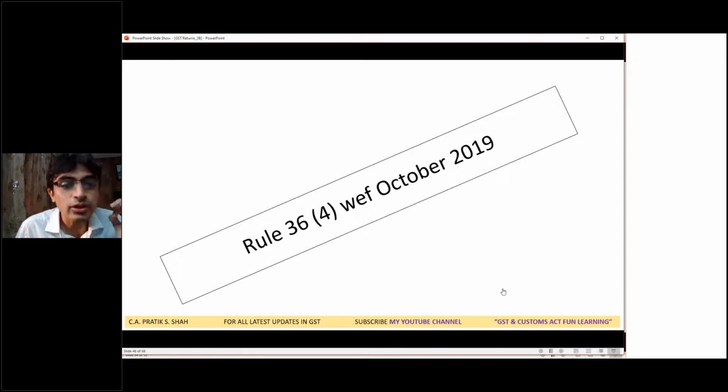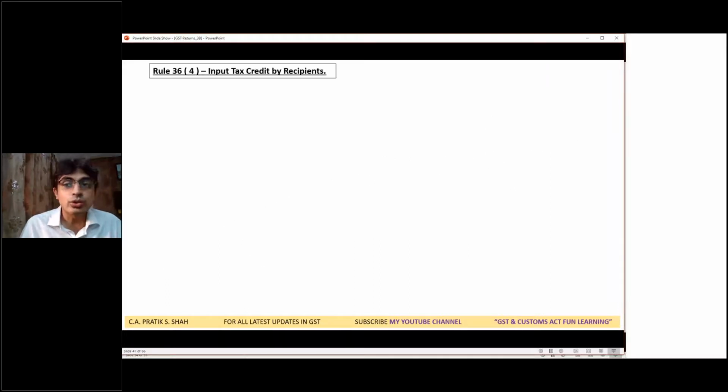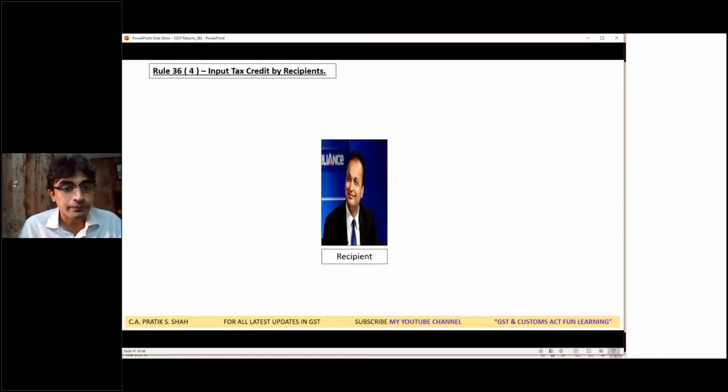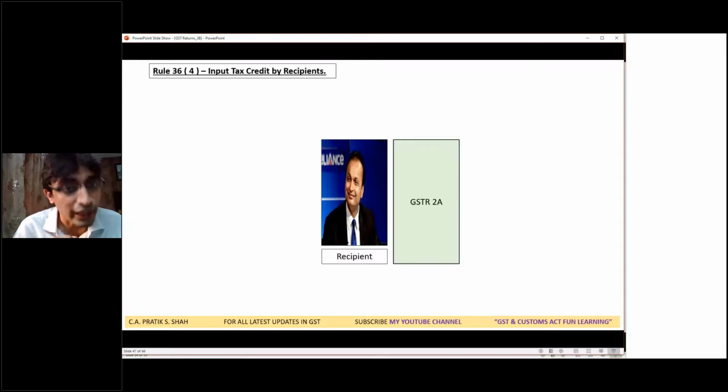But there is one rule, Rule 36 sub-rule 4, which is there in your exam. It was introduced from October 2019. Please understand what this rule says. Suppose Mr. Anil sir was a buyer, a recipient. This is his GSTR2A.